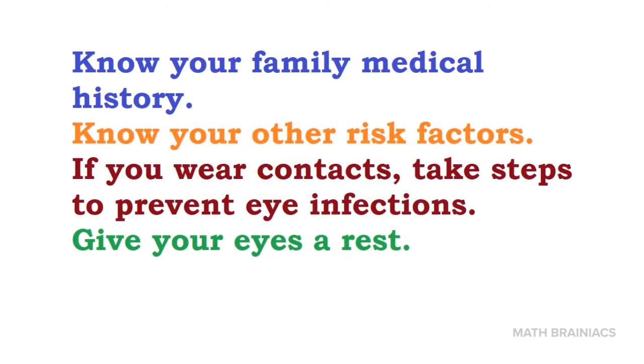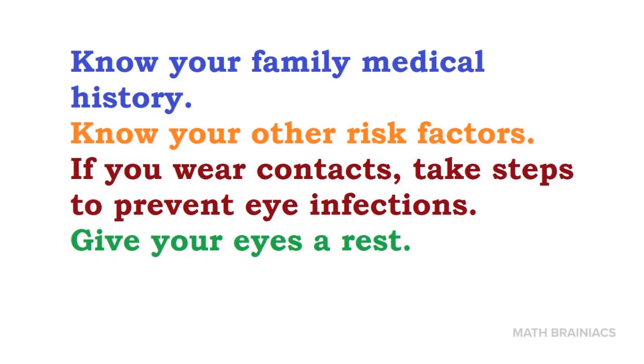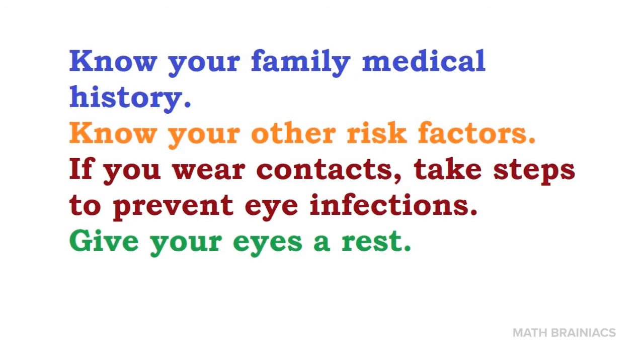You need to also know your family medical history because some eye diseases are inherited. So it is important to find out whether anyone in your family has had them. You also need to know your other risk factors because you are able to lower your risk by changing some behaviors.